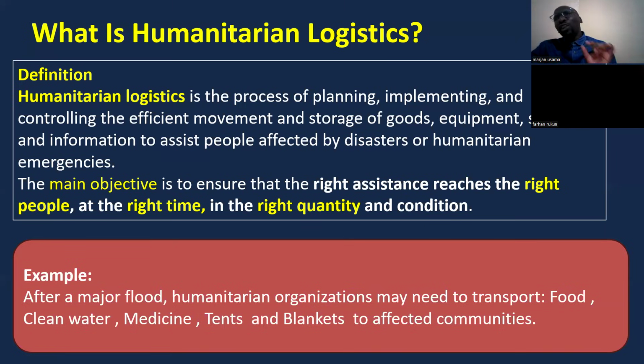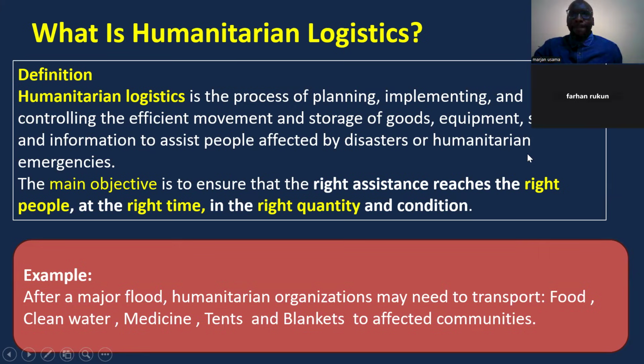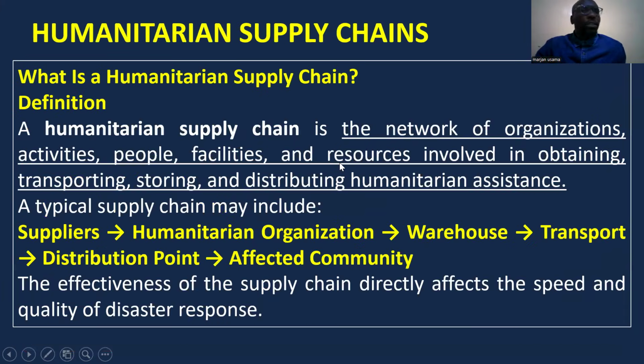But if we have good logistics, we are going to ensure that there is efficiency and effectiveness in terms of assisting the affected people. So, for example, after a major flood, humanitarian organizations may need to do what? To transport food, clean water, medicine, tents, and blankets to affected what? To affected communities. So that is what humanitarian logistics is all about.